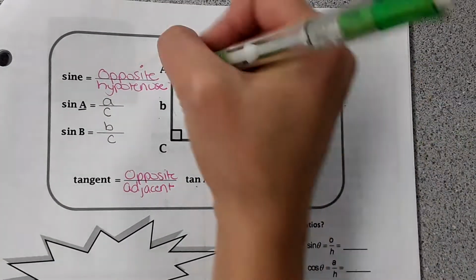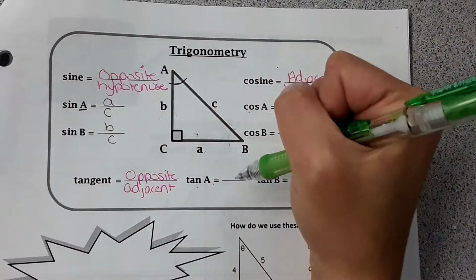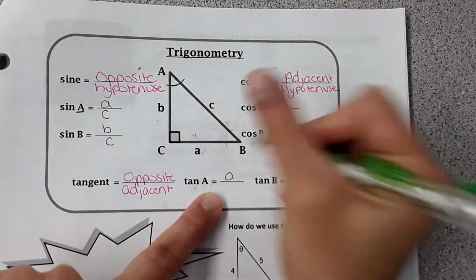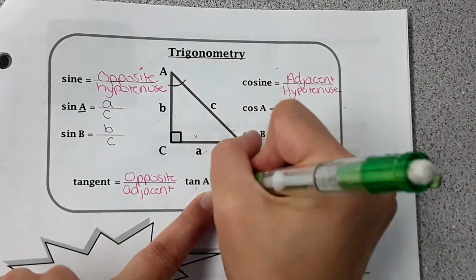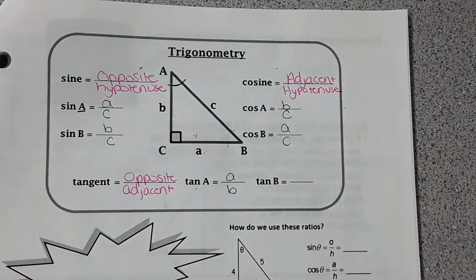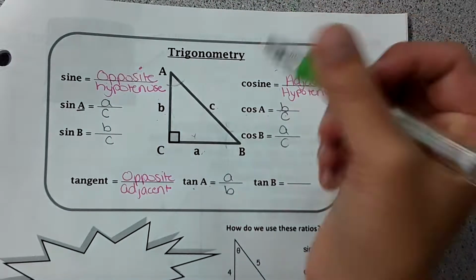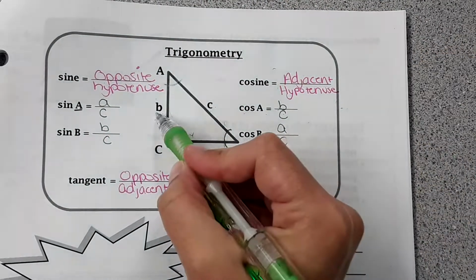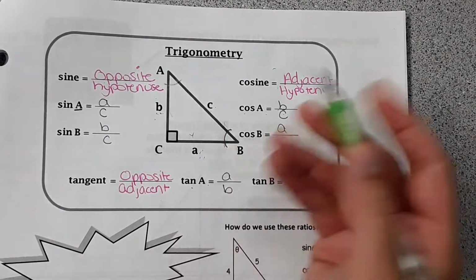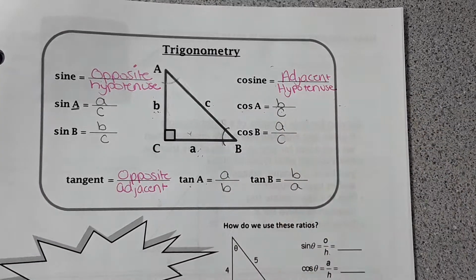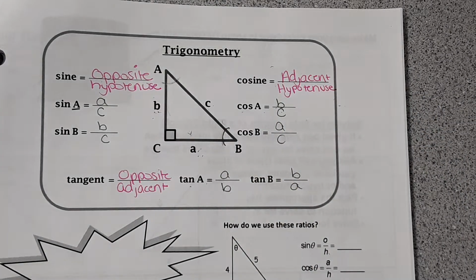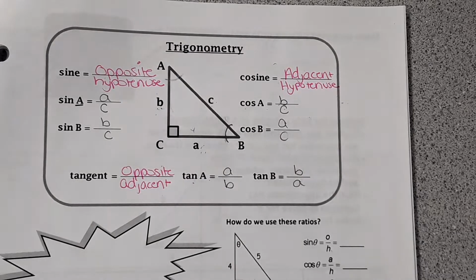Tan of A, so now we're focusing on angle A again: opposite, which is A, over adjacent, B. And then tan of B. Now for this angle, opposite over adjacent, so B over A. So that's the process of setting it up.